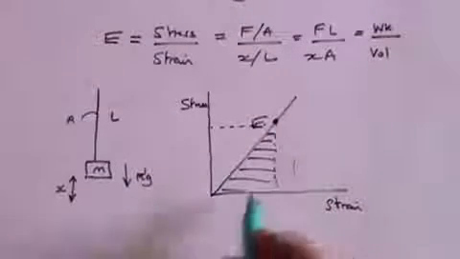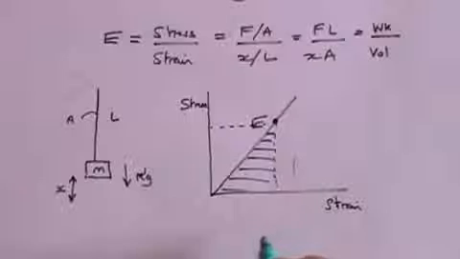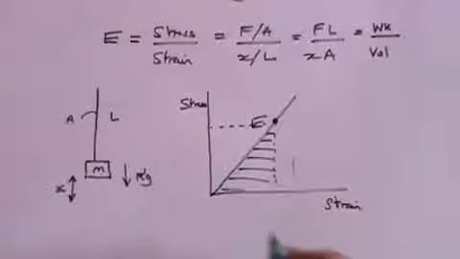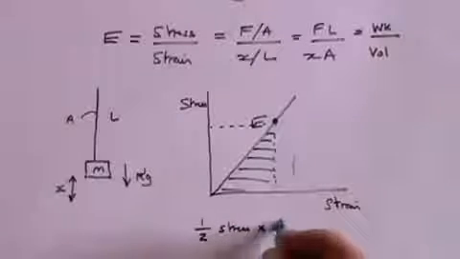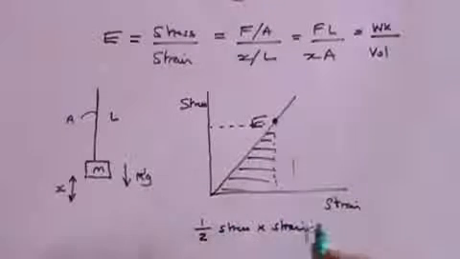And the area of that graph, of course, is simply the area of a triangle, which is half the base times the height. So that is half the stress times the strain.